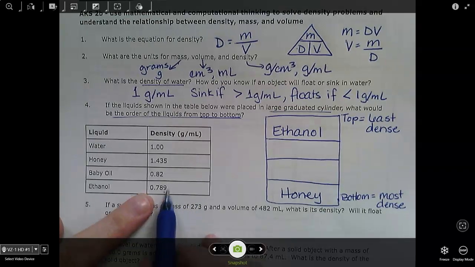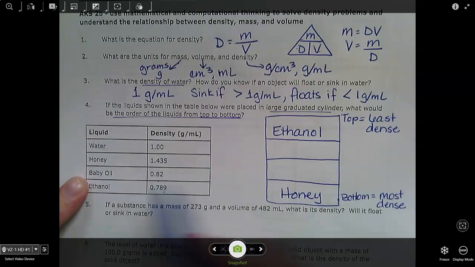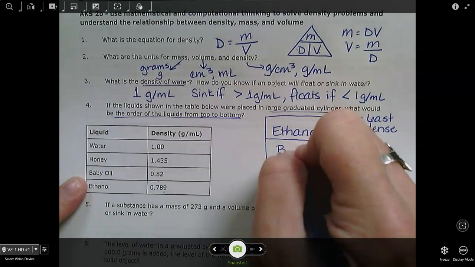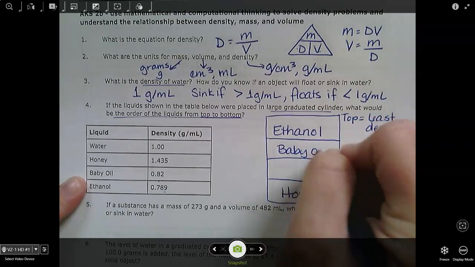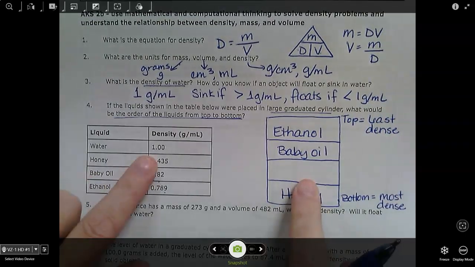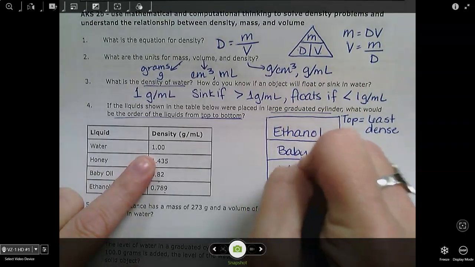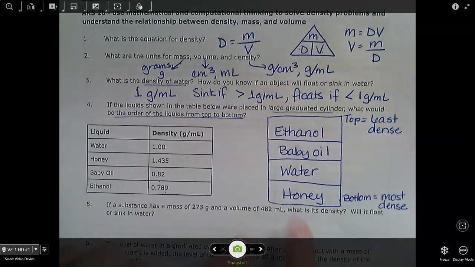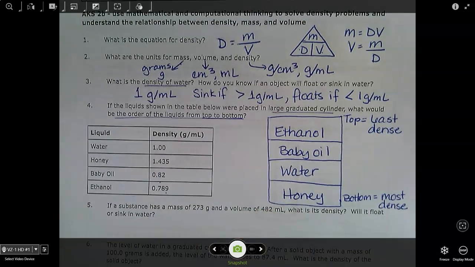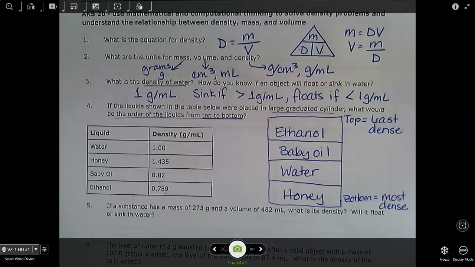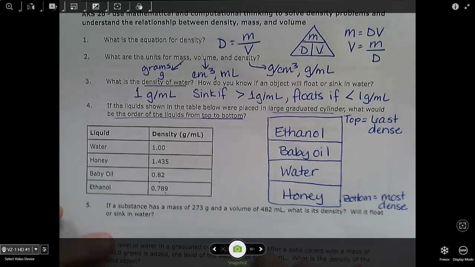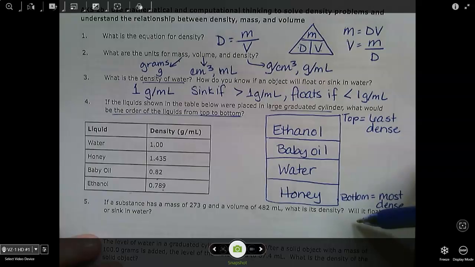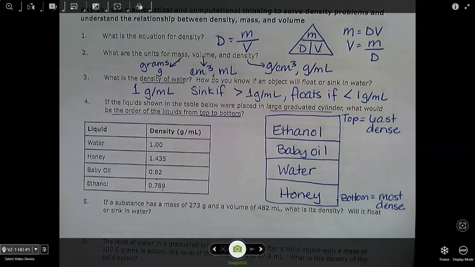So just a little bit more dense than the ethanol is the baby oil at 0.82. So baby oil would be next. And that leaves this third layer as the water, which is more dense than the baby oil, but not as dense as the honey. So be aware you could be asked any kind of question to put them in order, or which would be at the top, which would be at the bottom, that kind of thing.